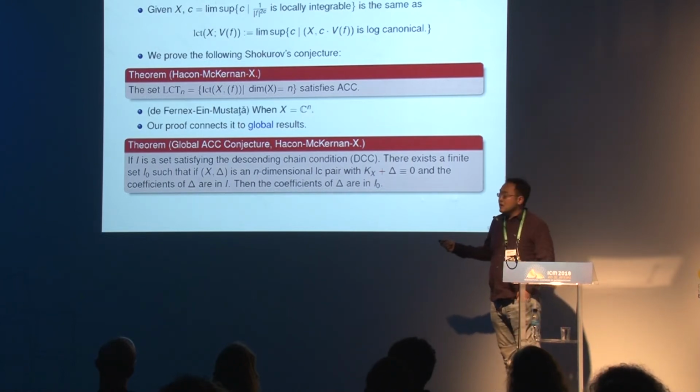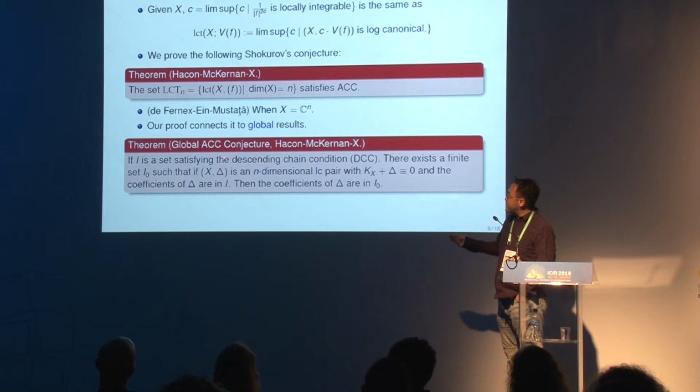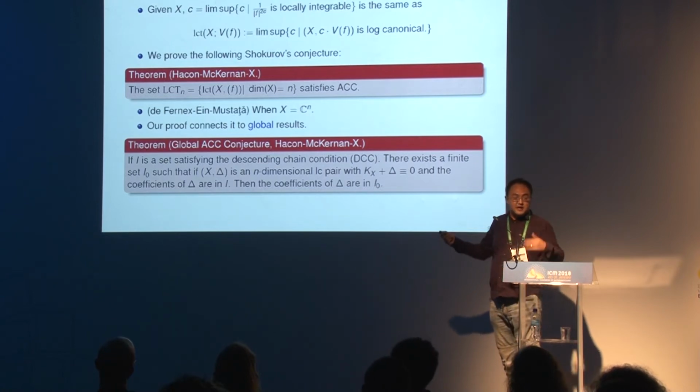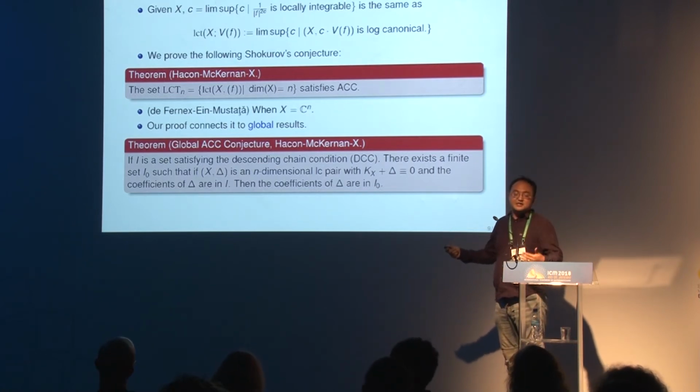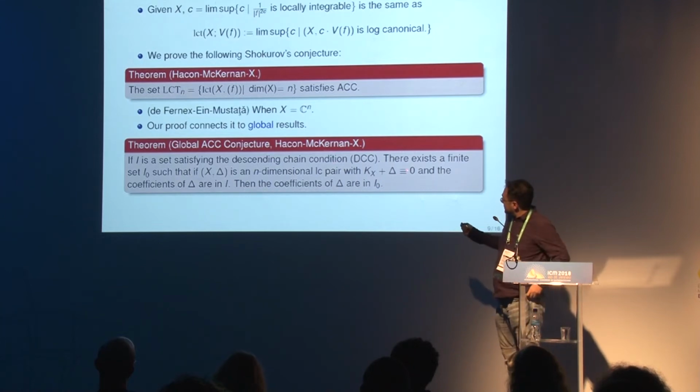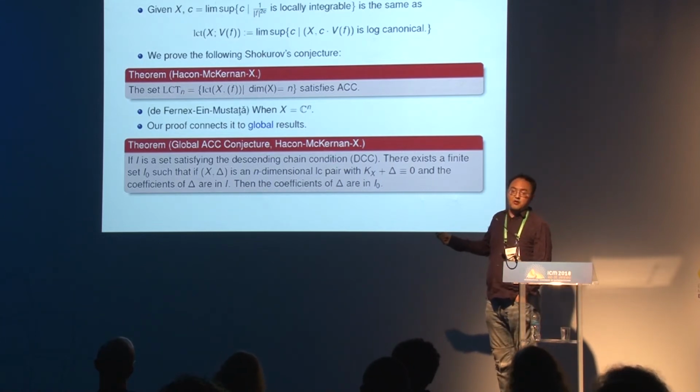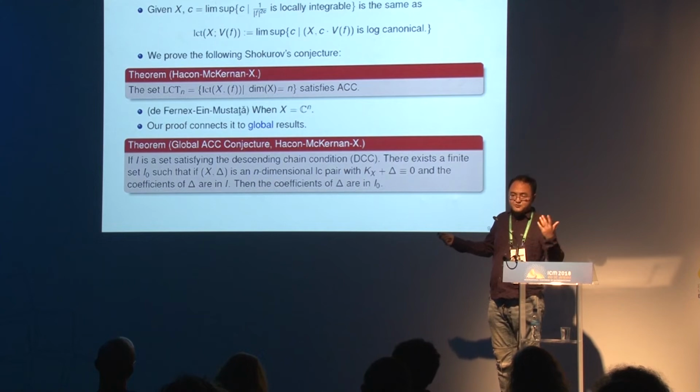The key point is that the choice of I_0 doesn't depend on (X, Δ). So once you have I, I immediately have I_0, such that if I have a log Calabi-Yau pair whose coefficients are in I, they have to be in I_0.